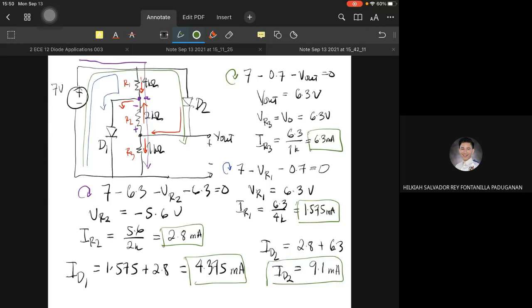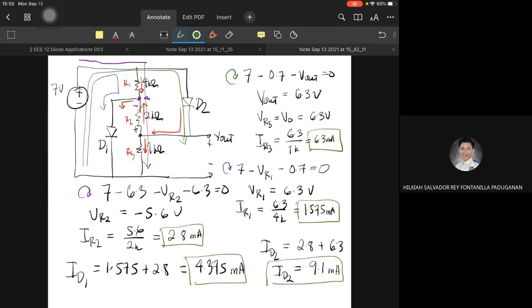Any questions so far, especially on this problem number 2? Is the process of the solution clear? We mostly used Ohm's law, KVL and KCL.